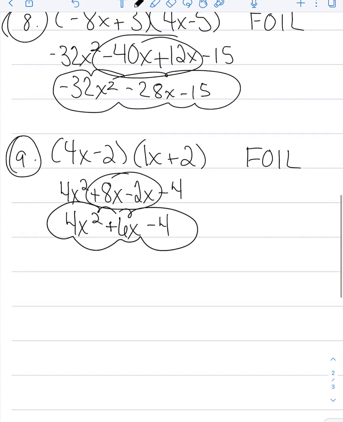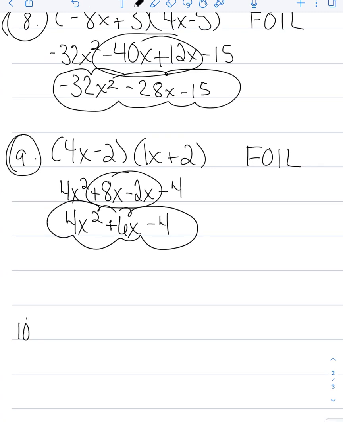Now let's take a look at our last type of polynomials that you may have to multiply. So I want you to write x minus 9 in parentheses, and then we're going to square that. Before I show you what that does mean, let me show you what it doesn't mean. That does not mean I distribute through that 2 and get x squared minus 9 squared, which is 81.